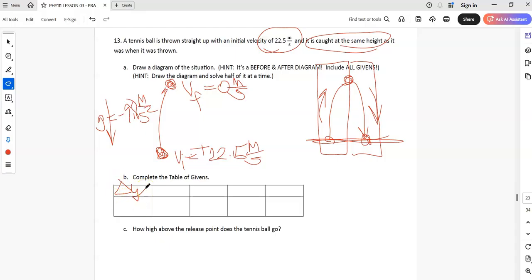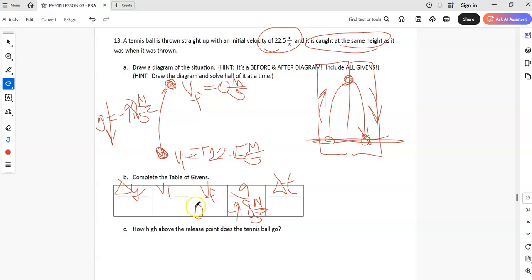It's a vertical displacement property, so it's delta y. We have our initial velocity, our final velocity, our acceleration, which is g, and our time, or change in time. We plug these values in. We got minus 9.8 meters per second squared for g.